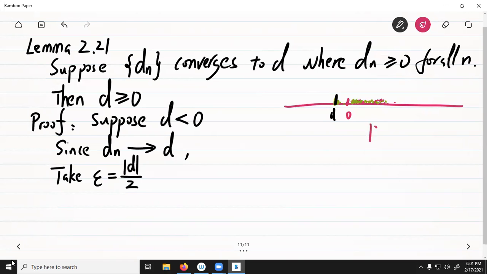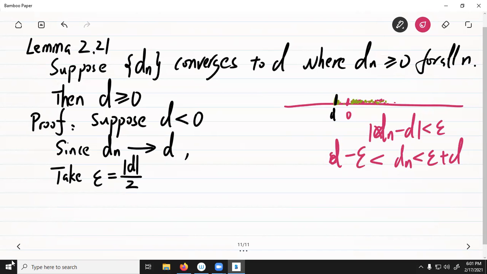So we have Dn minus D is less than epsilon. So that means Dn is less than D plus epsilon, and Dn is greater than D minus epsilon. It's centered at D, right? The radius is epsilon.